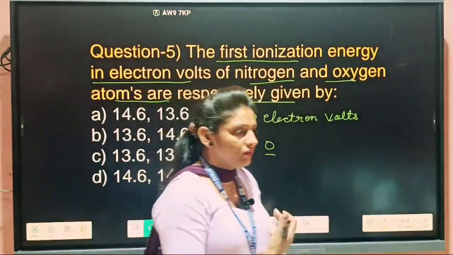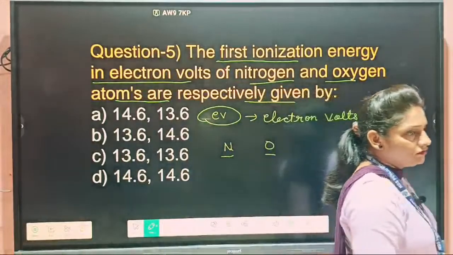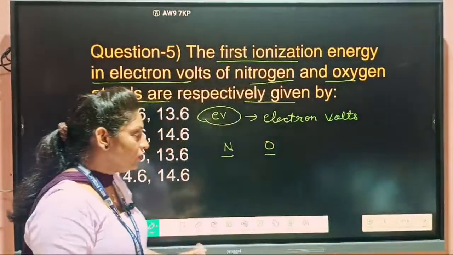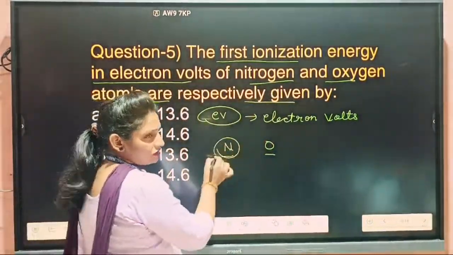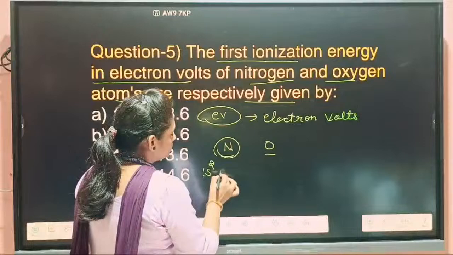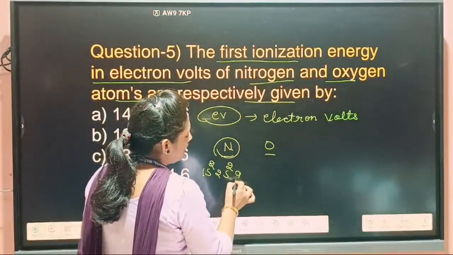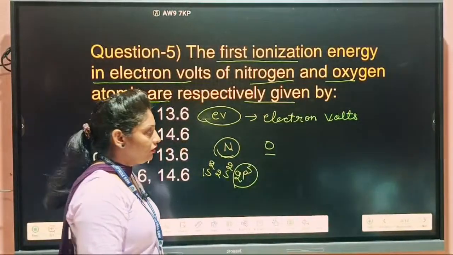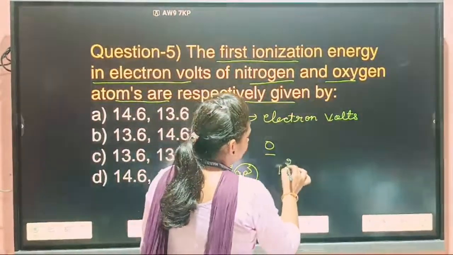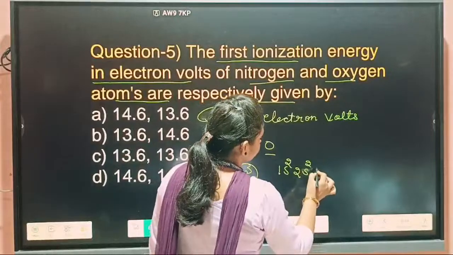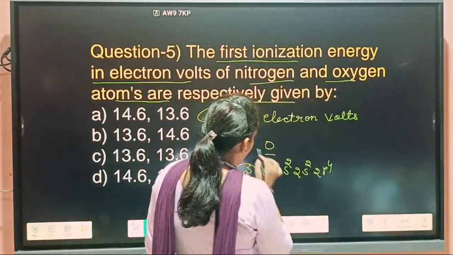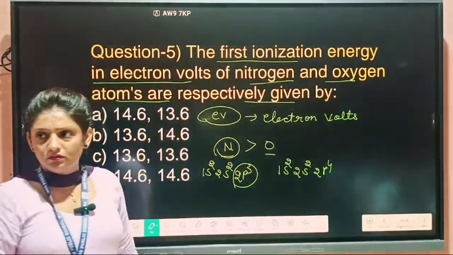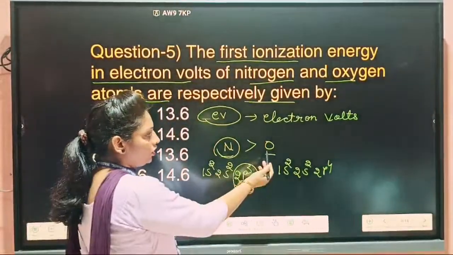But students, what will we see? We will see the trend. So in trend, you know very well, due to the configuration of the nitrogen, it has half-filled p orbital, which makes it more stable. So due to this, ionization enthalpy of the nitrogen is more as compared to the oxygen.